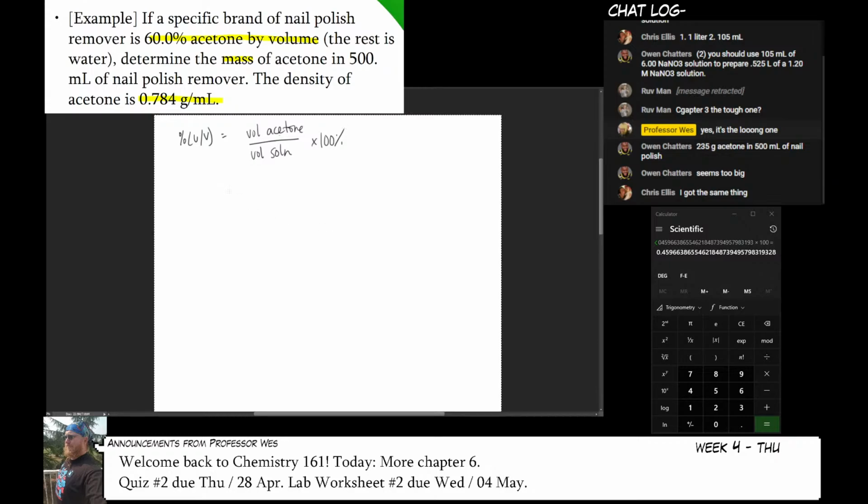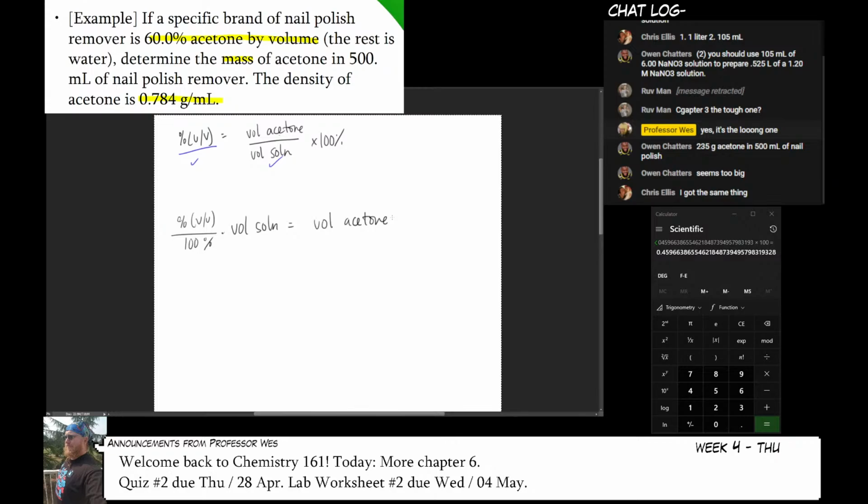All right, so I know what my percent volume is. It's 60.0. And I know the volume of the solution, so I need to figure out the volume of acetone here, right? So if I say the percentage of the solution divided by 100% times the volume of the solution, that would be the volume of acetone.